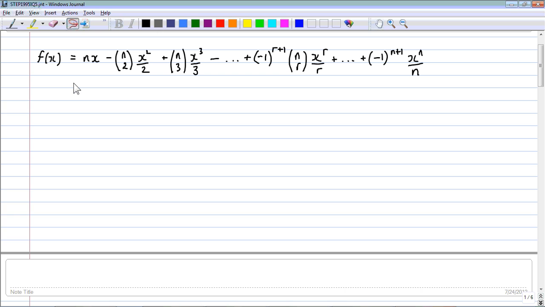Okay, so I've just copied here the exact form of the function that was given, and now we'll try to write this with a sigma notation. So what does that mean? f of x is the sum of terms. Let's write a large sigma. And in each term, what do we see?